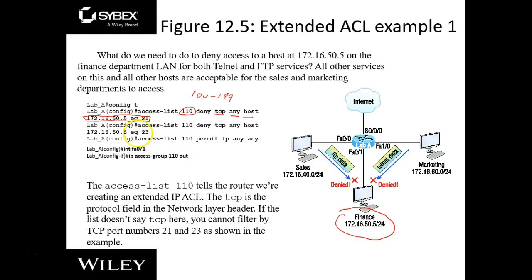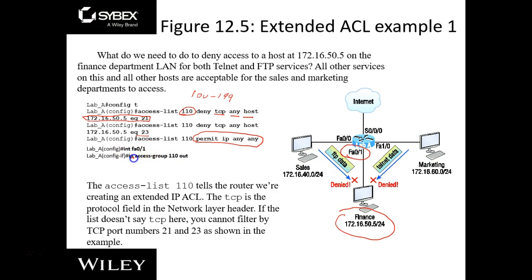Deny any host to the telnet. I guess I lied. You have to have different. I swear you can use that. Well, we'll see. I'll look that up. And then permit ip any any, because if we didn't do this, regardless of what we did up here, it would be a deny any. And then we go to interface FastEthernet 0/1.